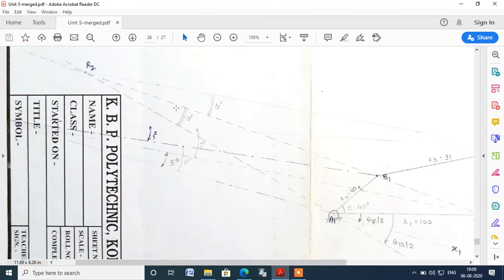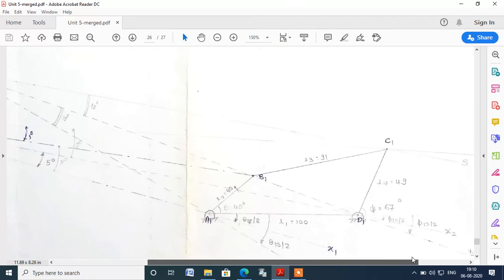I think it is coming 10 degrees. So with reference to r2 b1, take the angle you got, that is 10 degrees, and draw a line. This line and the line coming from r1 meet somewhere, and that intersection point is marked as c1.